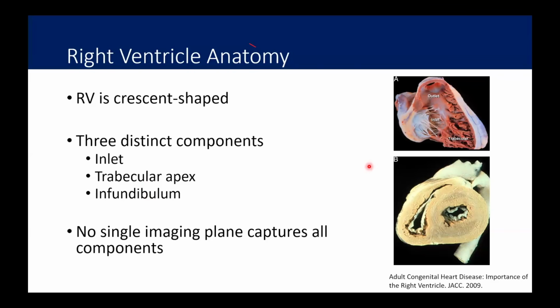So unlike the LV, the RV's complex shape can't really be measured from a single geometric model like Simpson's biplane. And that's why multiple views are required, and that's why the RV-focused apical four-chamber view is so critical in our assessment of the RV. There's also no clear anatomical landmarks to standardize our views like the LV, right?